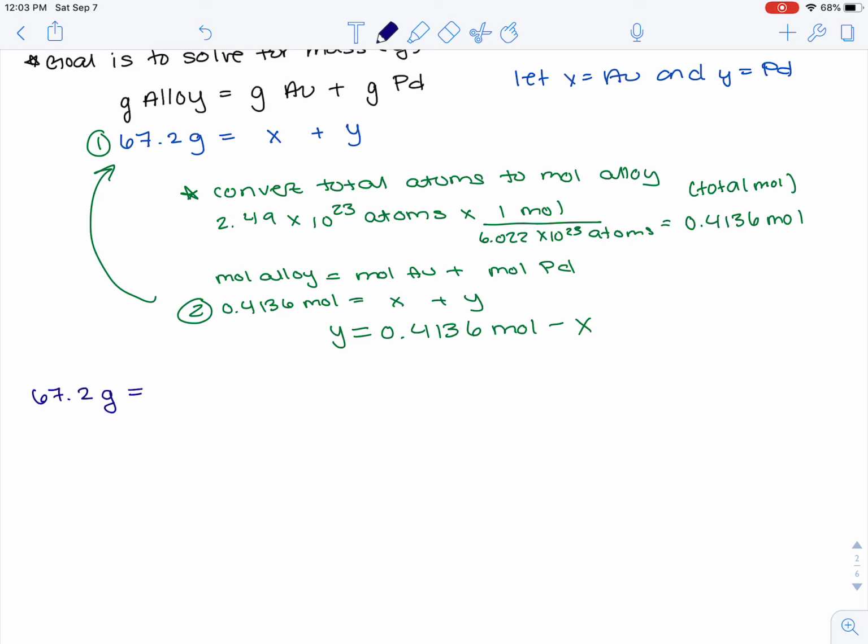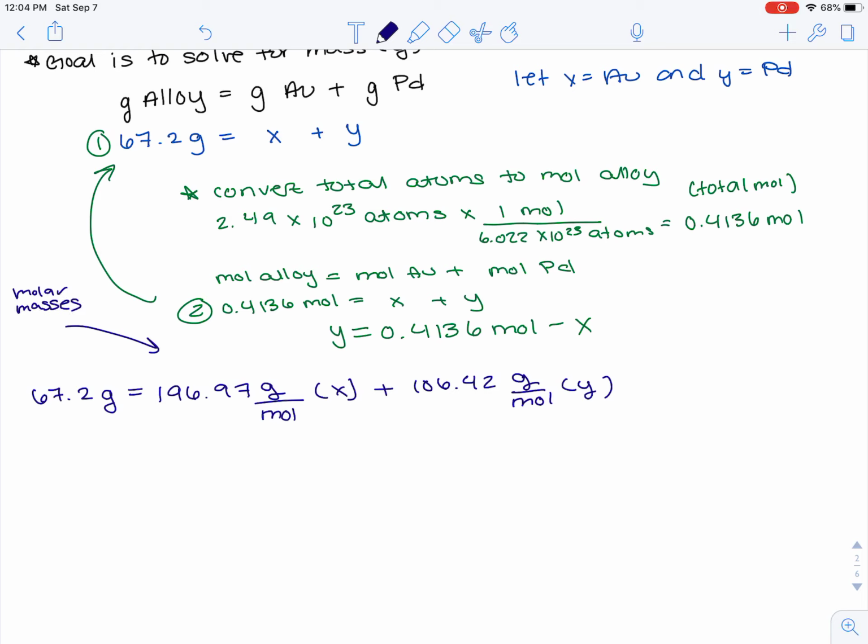since I want to be in masses and I don't have the mass, I only have moles, I'm going to write in my molar mass of gold. So changing that to a mass equation, 196.97 grams per mole times X plus 106.42 grams per mole times Y. Those were the molar masses from the periodic table.